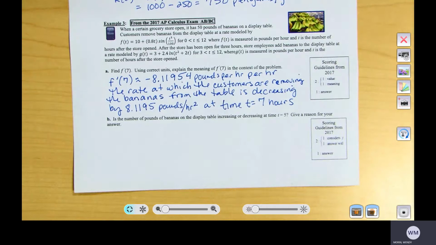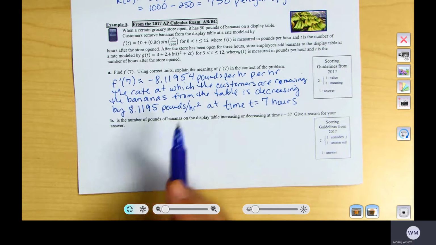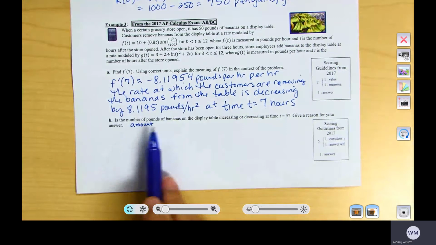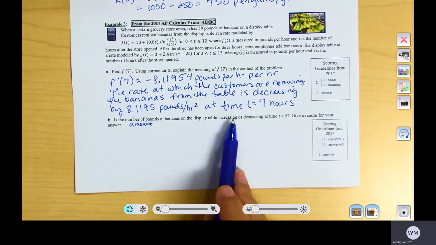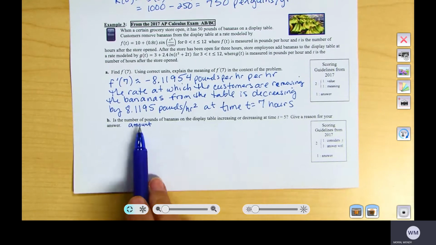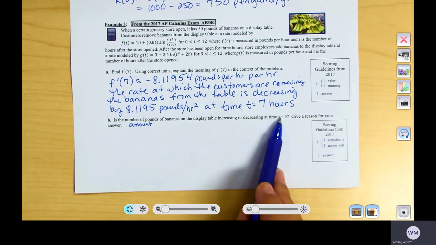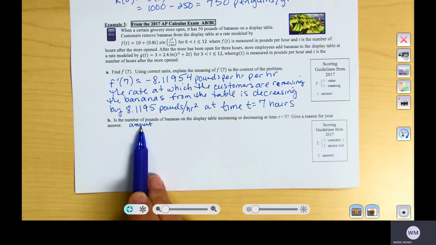Okay. Then part B says, is the number of pounds of bananas, so that's the amount, on the display table increasing or decreasing? So if we want to know if our amount is increasing or decreasing, we need to look at the rate at which they are being added and removed.